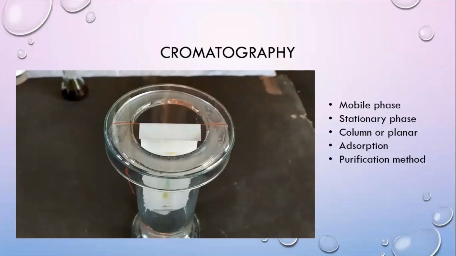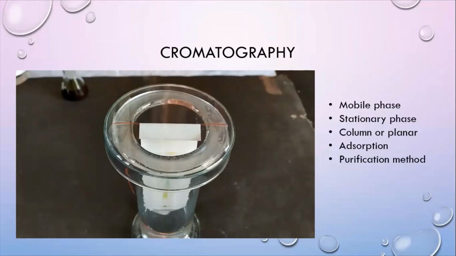This one is planar because we are using paper as the separation method, but we can also use it in a column, for example, to separate proteins. Chromatography is based on adsorption, which is a chemical characteristic in which my components will interact.